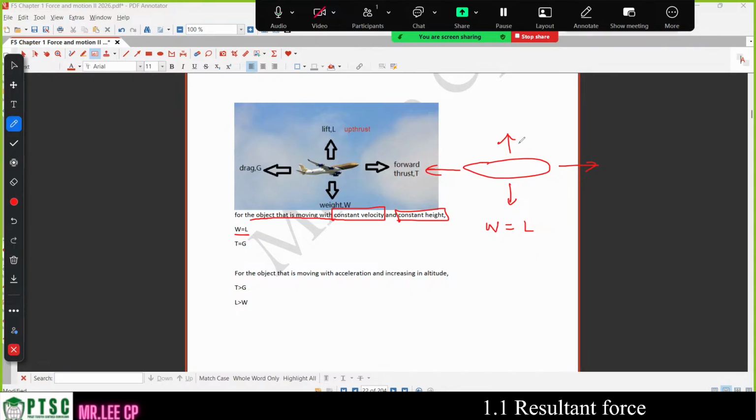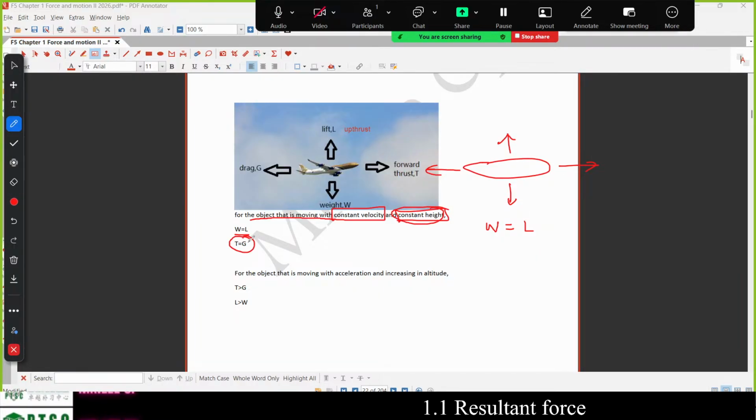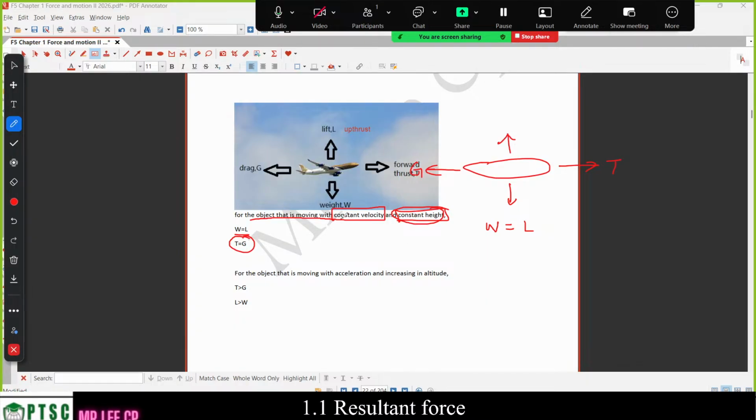W is equal to L because of constant height. T is equal to D. T, the engine thrust, is equal to the drag because of constant velocity. It is moving right with constant velocity.